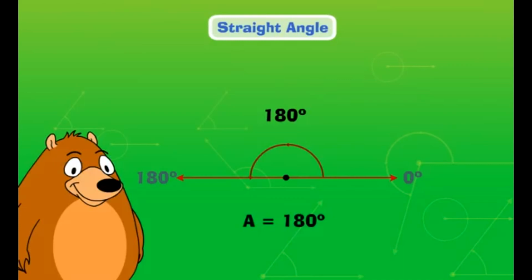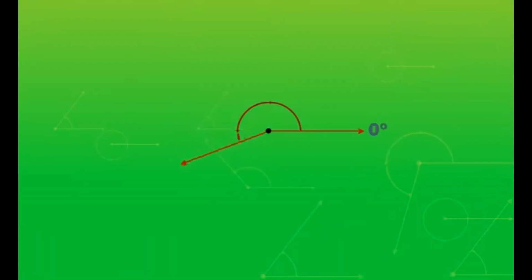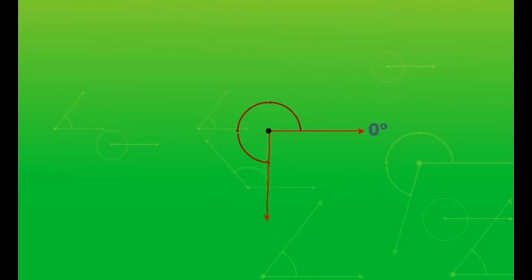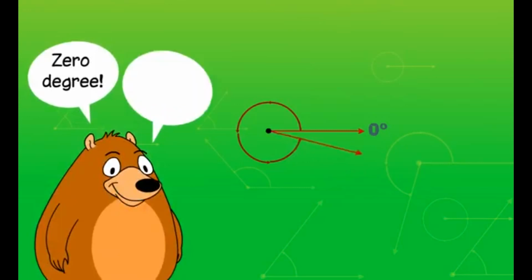Let's move the arm of an angle to more than 180 degree. An angle whose measure is more than 180 degree and less than 360 degree is called a reflex angle. Okay, what will happen if both the arms of an angle overlap each other? 0 degree, 360 degree.